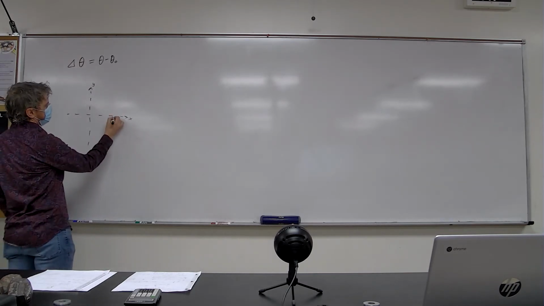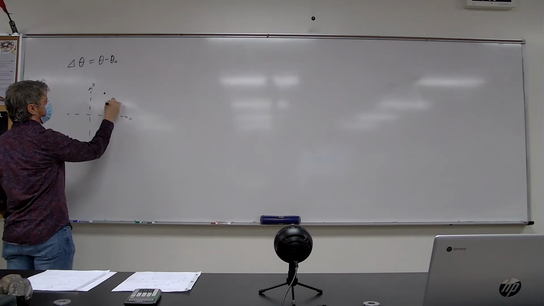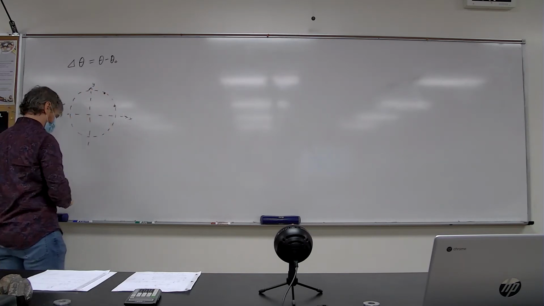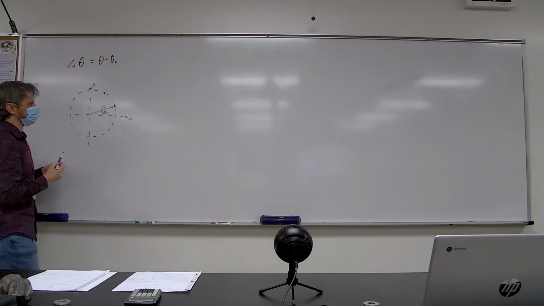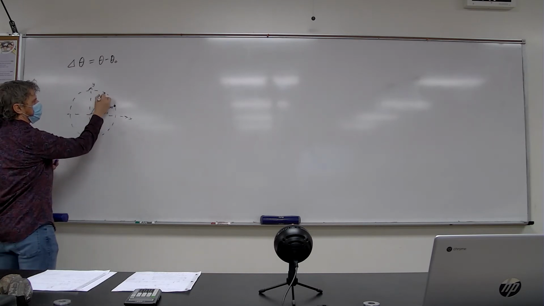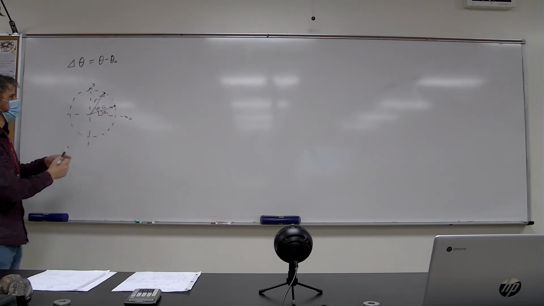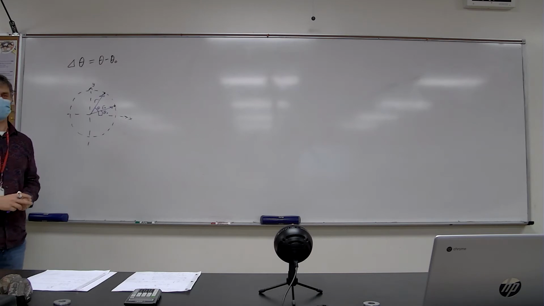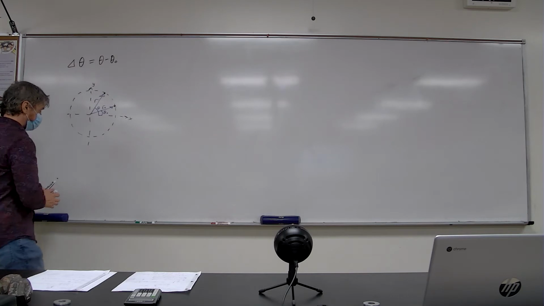So if I have an object that starts, let's say, at this position and ends at this position as it's moving in a circle, well, theta naught, if this is my position r naught, theta naught would be this angle. If this is my final position r, then this would be final theta. And then delta theta would just be the angle through which it actually moved, right, between those two positions. So that's what I mean by delta theta here, theta and theta naught.